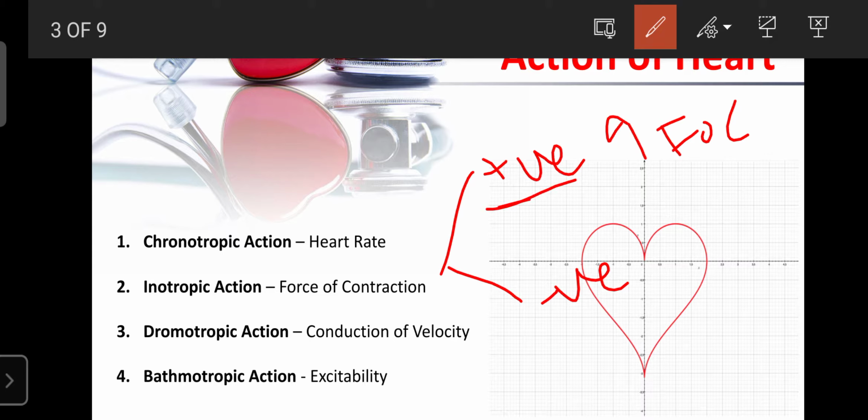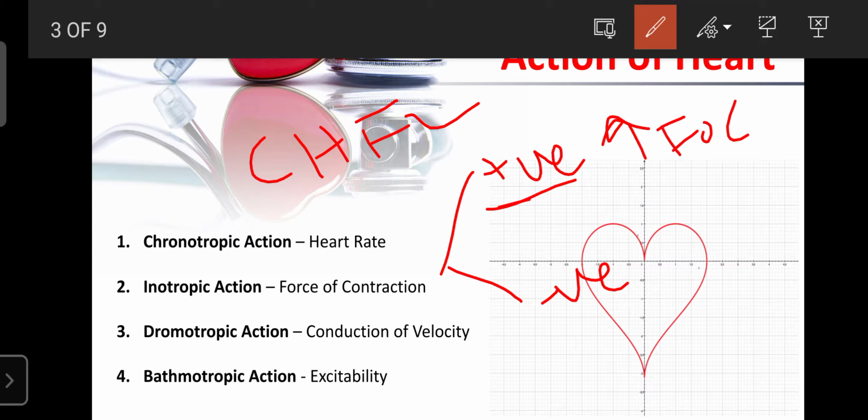In the case of congestive heart failure, we require a certain medication known as digoxin. Digoxin can avoid heart failure by showing the positive inotropic action. It can increase the force of contraction, so it is helpful for treating congestive heart failure.